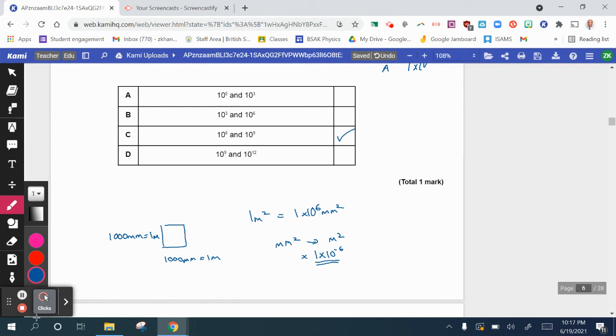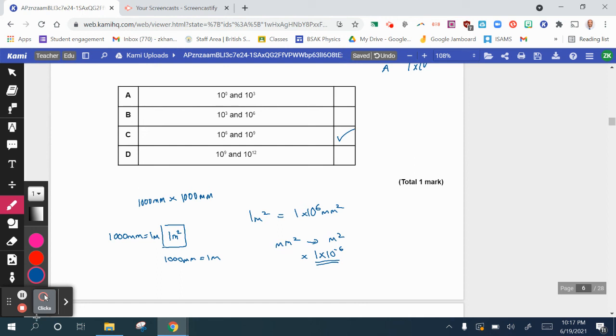Okay, we know that in 1 meter we got 1000 millimeters, in 1 meter we got 1000 millimeters. So 1 meter squared is equal to 1000 millimeters times 1000 millimeters, which ends up being 1 times 10 to the 6 millimeters squared.